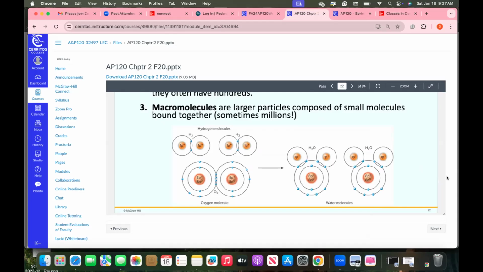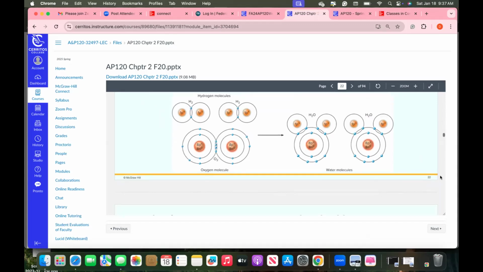Here we have water, which is a hydrogen atom, another hydrogen atom, and an oxygen atom. Together we have a water molecule because there are three: two hydrogen atoms and one oxygen atom make a hydrogen oxide molecule. This is water. This is a water molecule. Okay, let's continue with that.